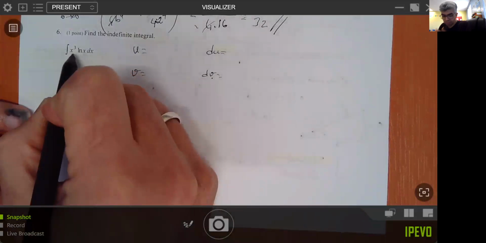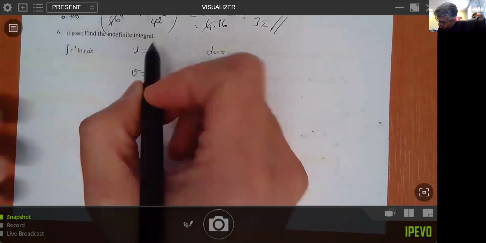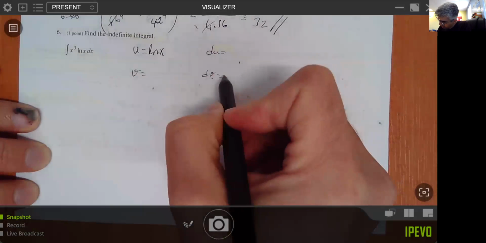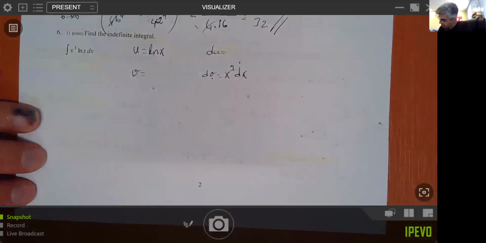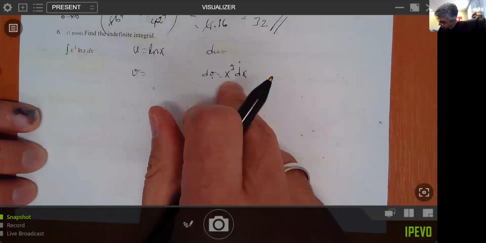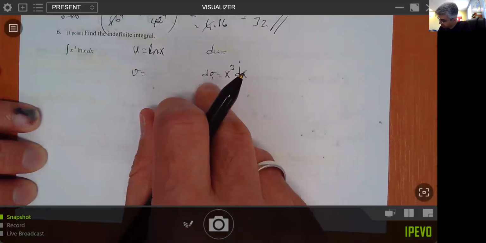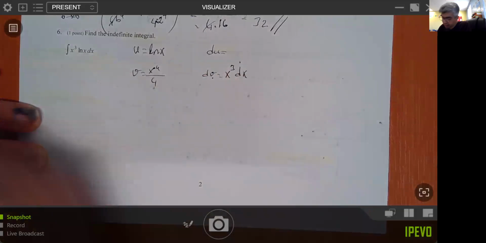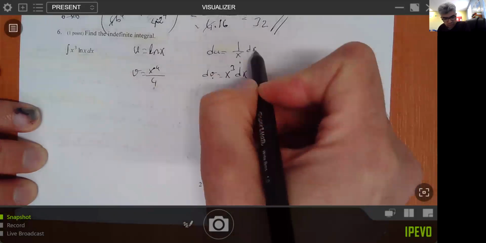So guys, u will be ln x. If u is ln x, it means x cubed dx will be dv. And if x cubed dx is dv, then v will be, if we take the integral of both sides, x to the 4 over 4, and du is, of course, 1 over x dx.